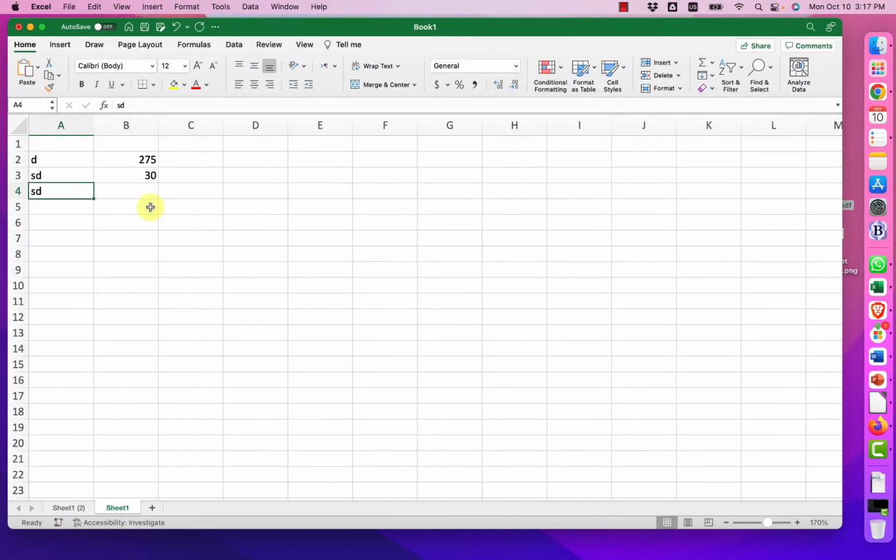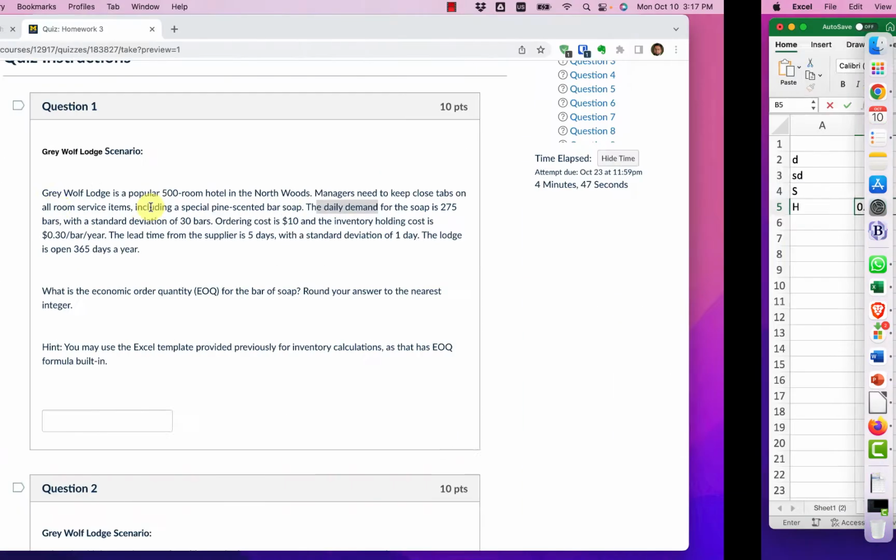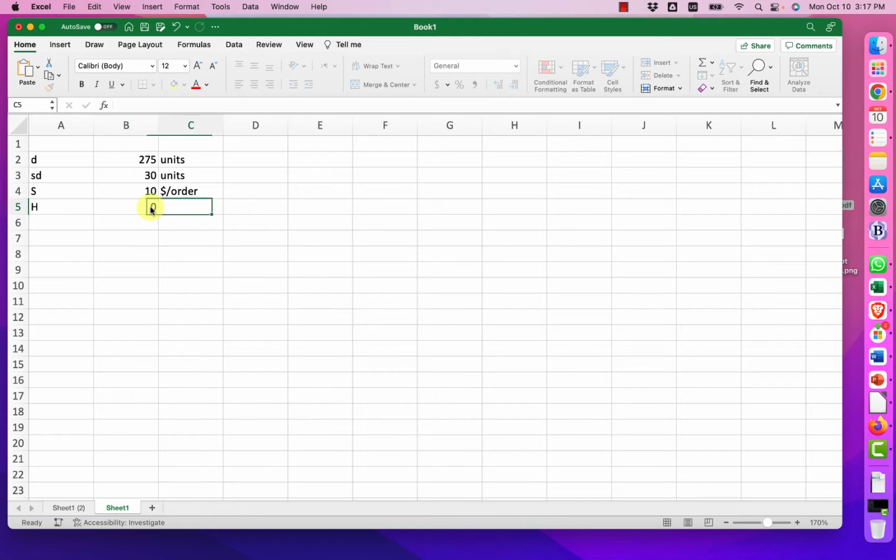Ordering cost, we usually call it capital S. That's $10 per order. This is all units of product. And then our holding cost is 0.3. This is dollar per unit per year. Notice that it is given in dollar per unit per year, so this is capital H.